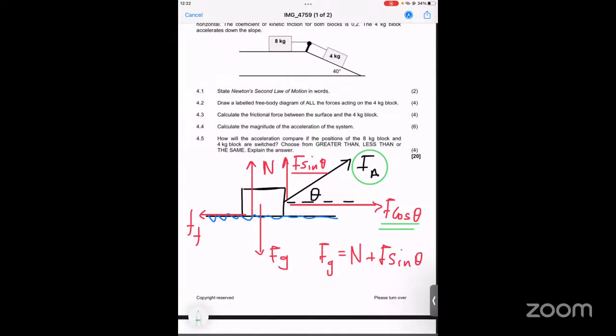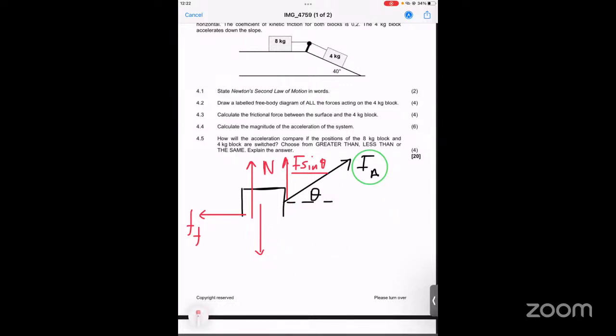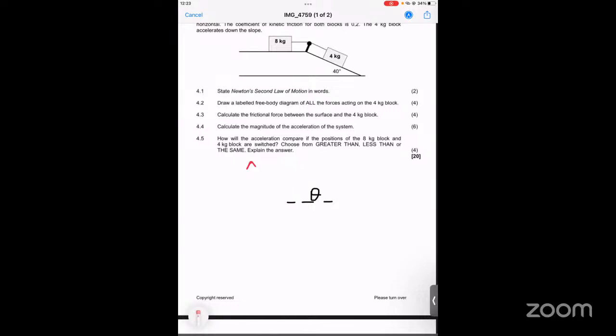Yes, I get it. So now let's look at this situation. Let me not take a shortcut and redraw it again, just so that you've got an idea of how labeled free body diagrams would be for different forces.